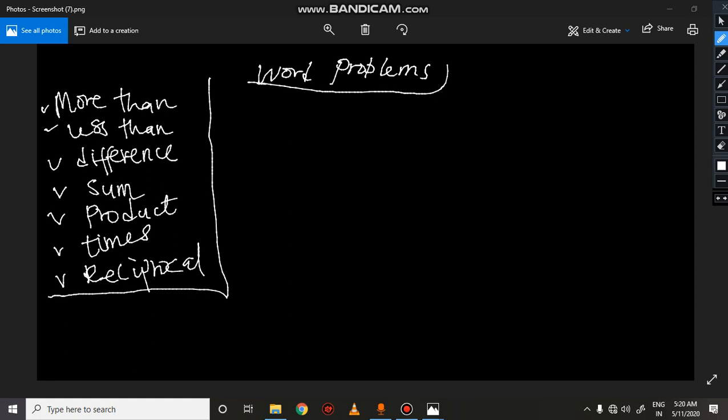Okay, so let's take the first one, more than. In a word problem, when you meet more than, what you have to do is first write a plus, and write the number that was mentioned.